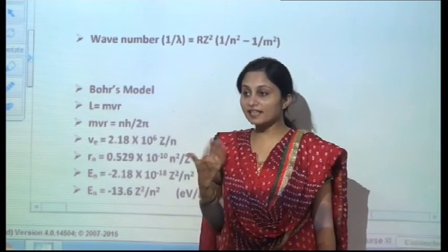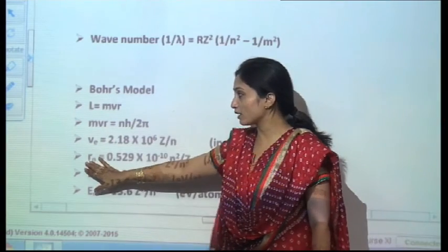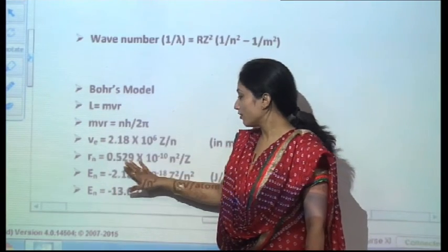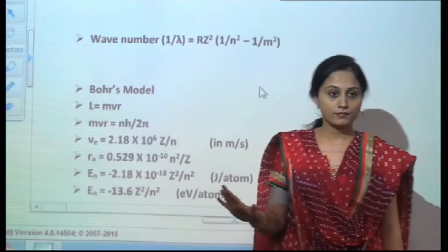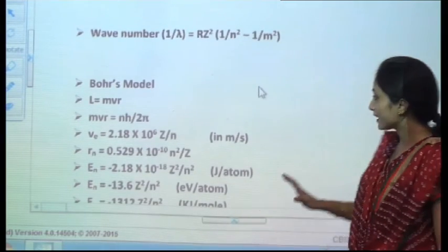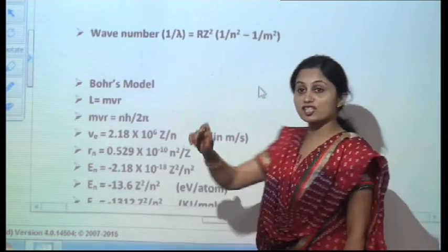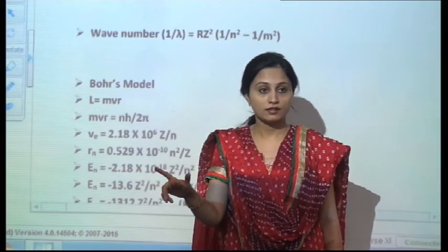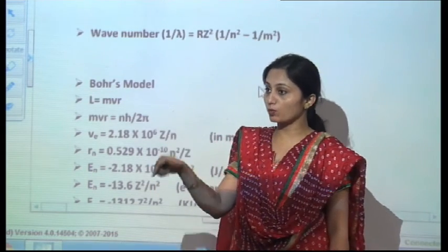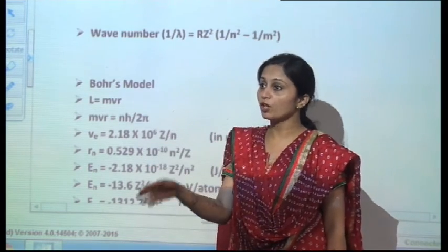Rn will be equal to 0.529 angstrom. Remember this, this is known as the Bohr's radius. That corresponds to n is equal to 1. It's the first orbit of the hydrogen atom.